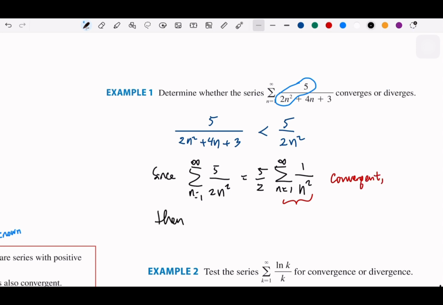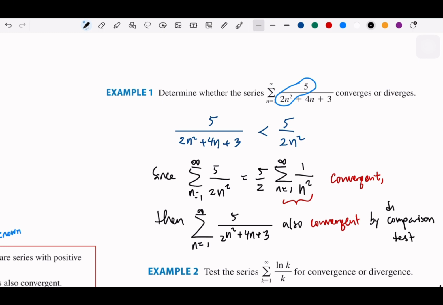Then this also convergent by comparison test, or complete its direct comparison test. So the idea is just to compare, okay? Just to compare.